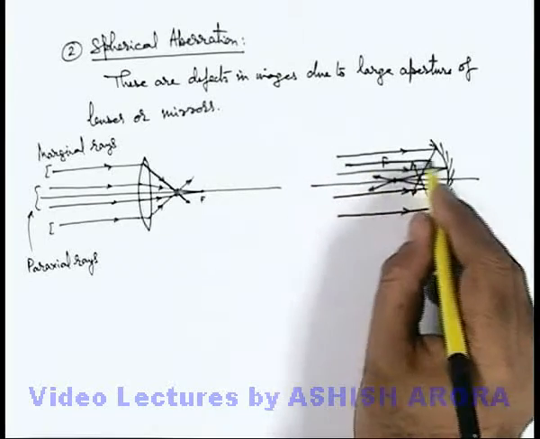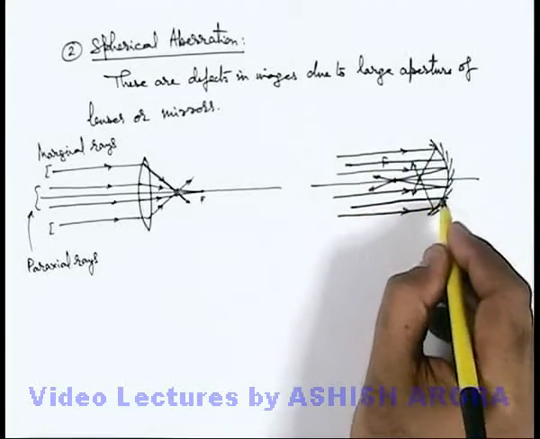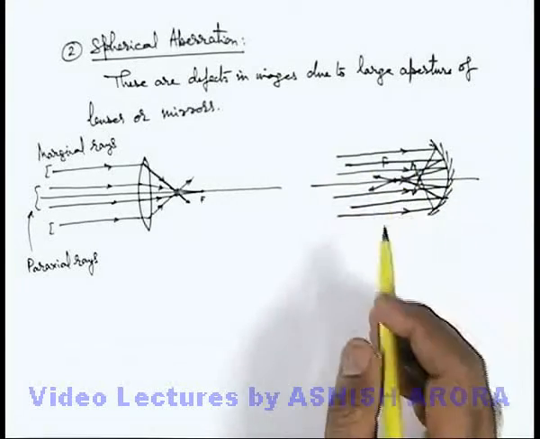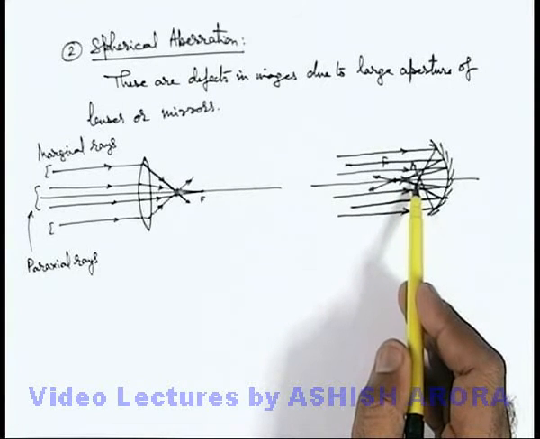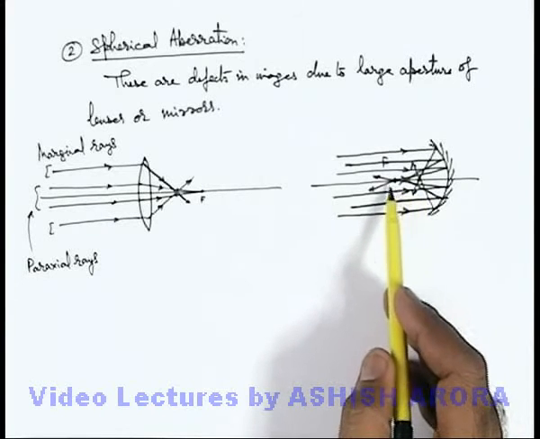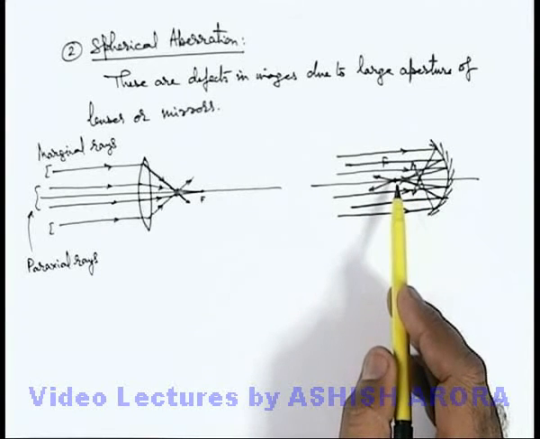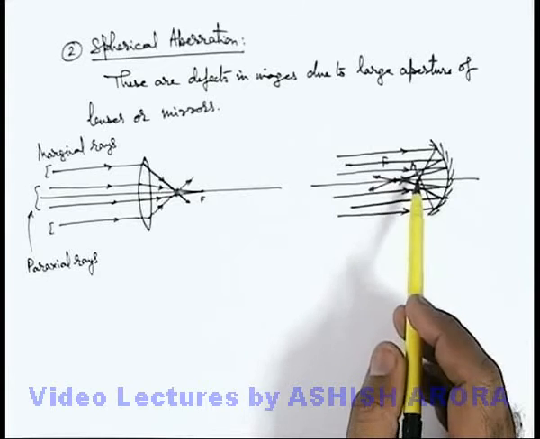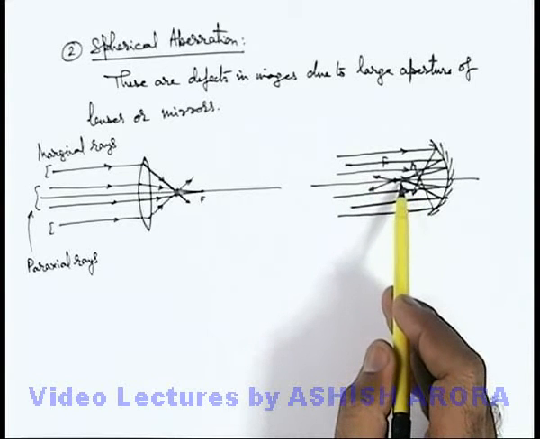Other marginal rays will focus at some other point. So all parallel rays will be meeting at various points, and the focus will be spread between a few points, not at a single point. But if we consider only paraxial rays, a pinpoint sharp focus is obtained.